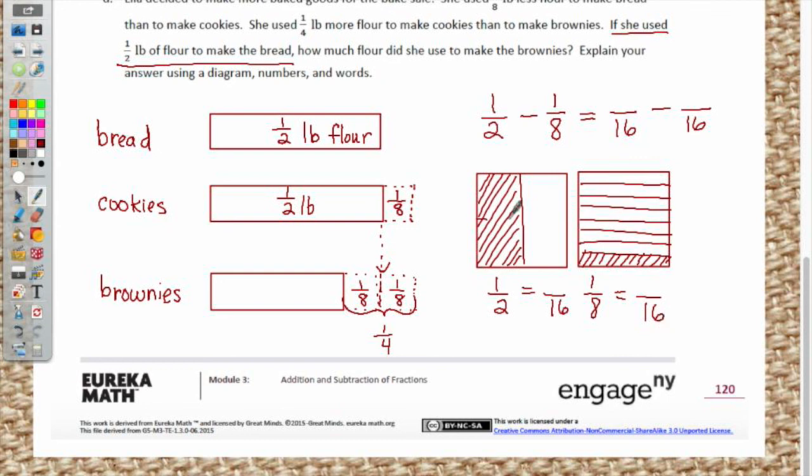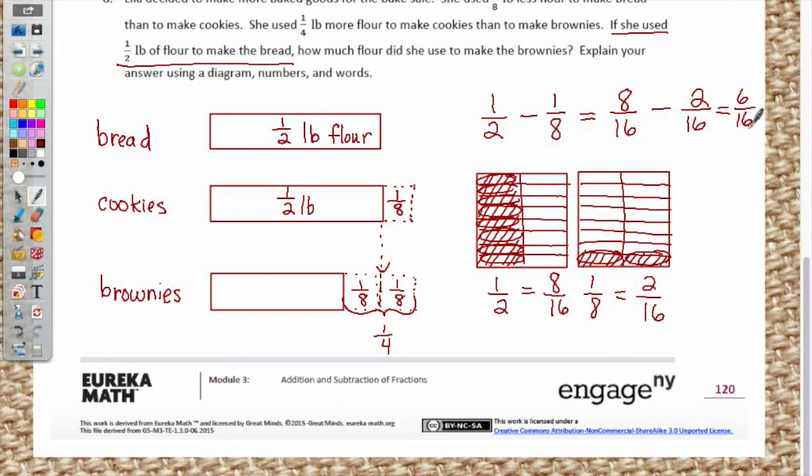Okay, now my half becomes divided into eighths, and eighths divided in half. So if I drew this correctly, I've got 8/16 and 2/16. 6/16.